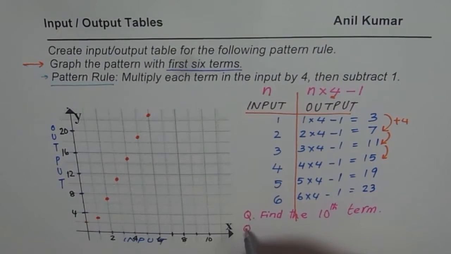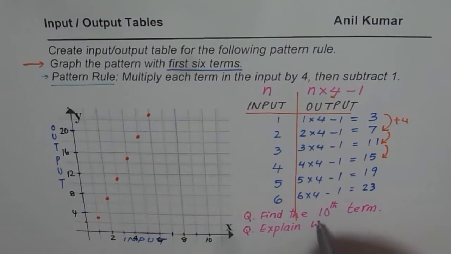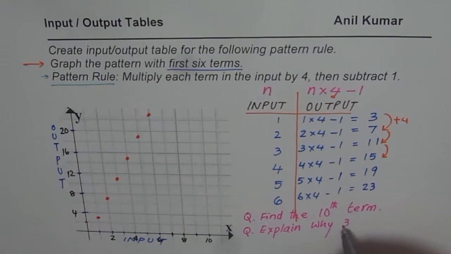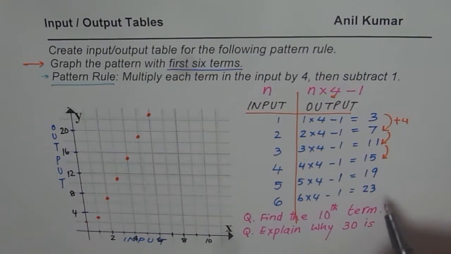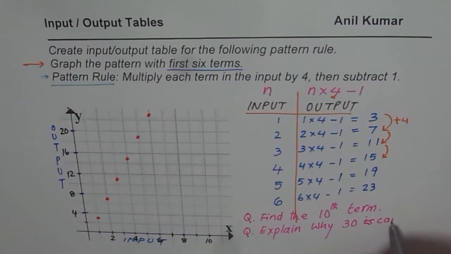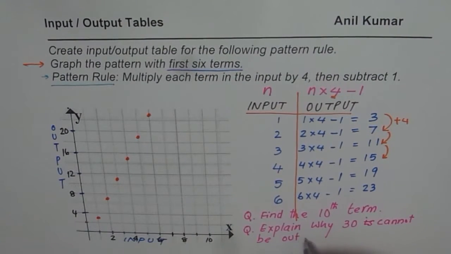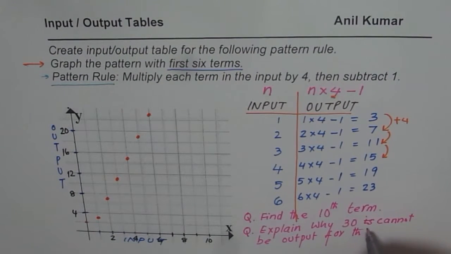And one more question for you is, explain why 30 cannot be the output for this pattern.